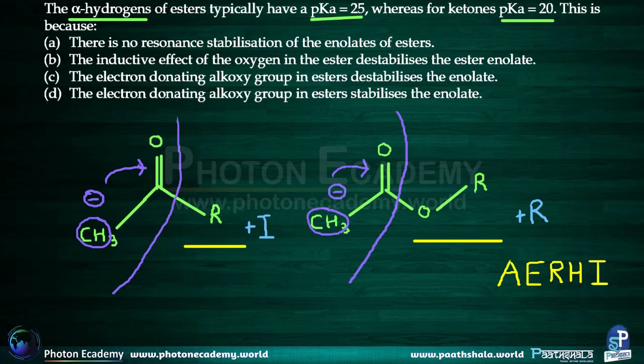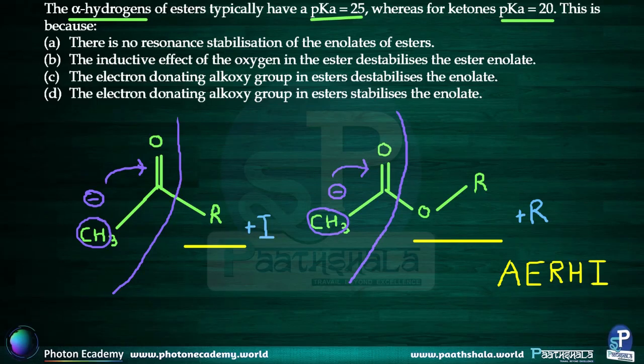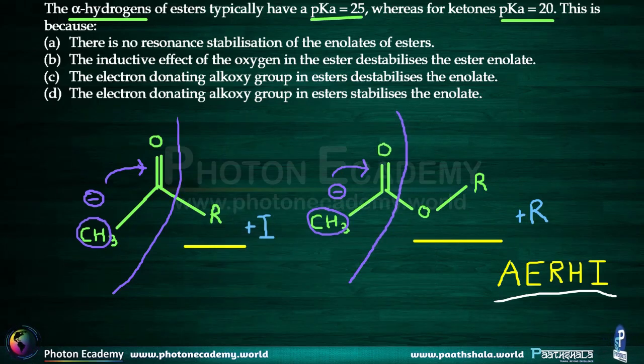And as we know, the AERHI rule: A stands for aromaticity, E stands for equivalent resonance, R stands for resonance effect, H stands for hyperconjugation, I stands for inductive effect. Aromaticity has the strongest influence on stability, and inductive effect has the lowest influence on stability.